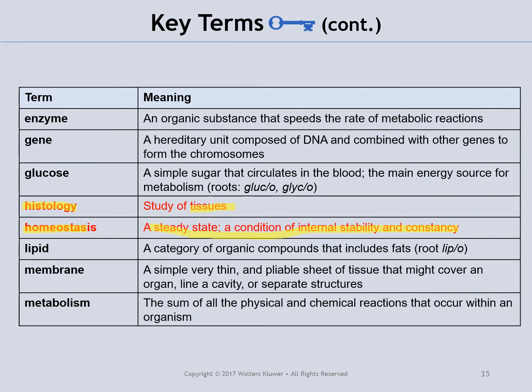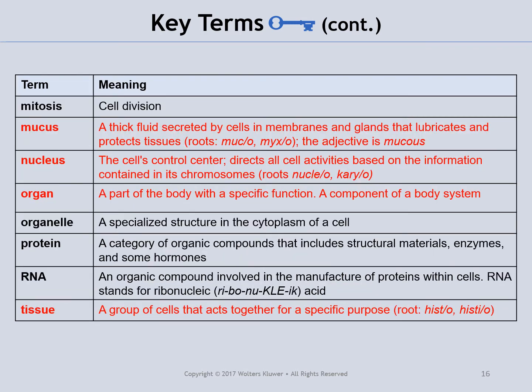But you want to look at that word stability when you're talking about homeostasis. Mucus is a thick fluid. Nucleus is the control center with the chromosomes containing the DNA. An organ is a part of the body with a function, part of a system, and tissues group together and form organs.